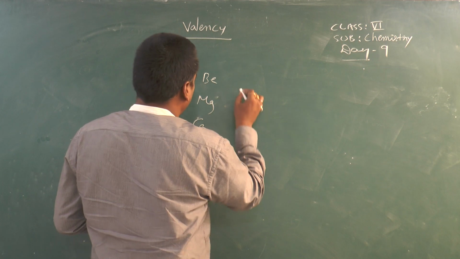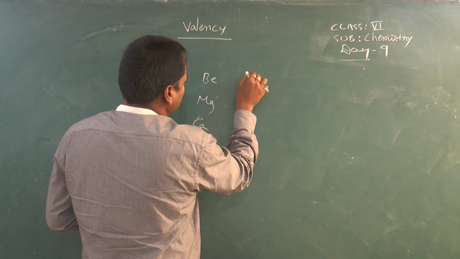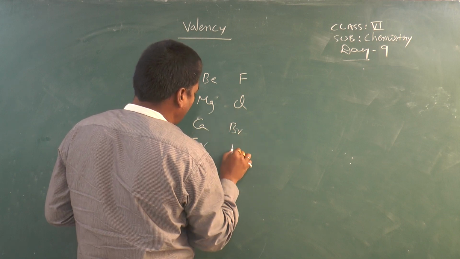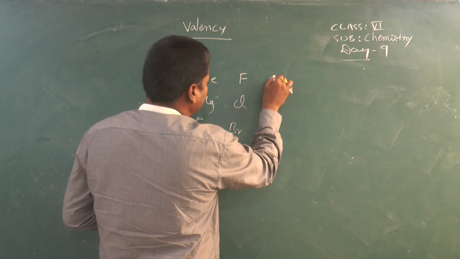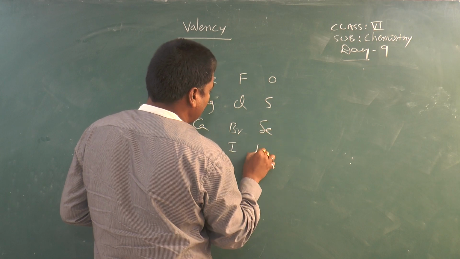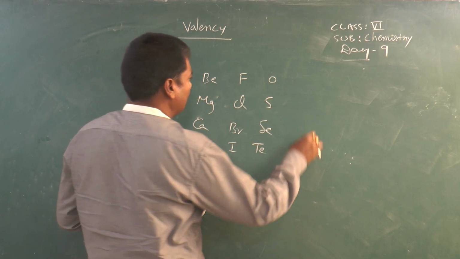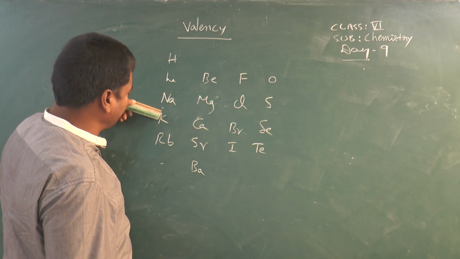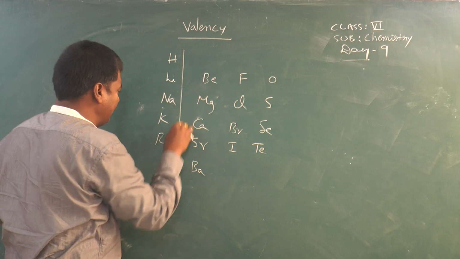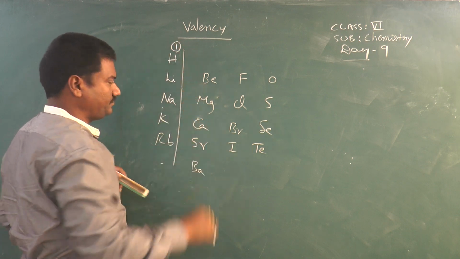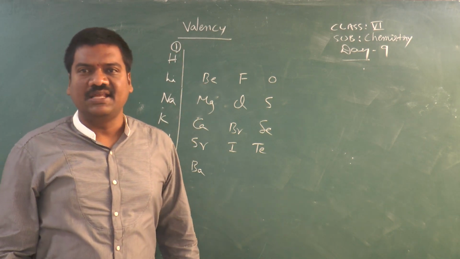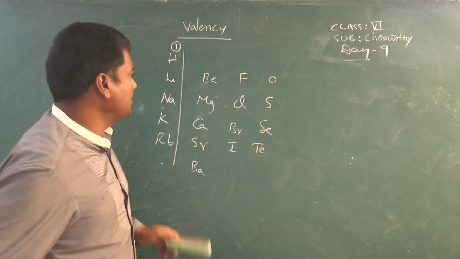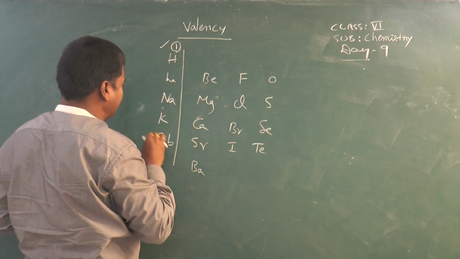Then fluorine, chlorine, bromine, iodine, or oxygen, sulfur, selenium, tellurium. For hydrogen, lithium, sodium, potassium, rubidium, all these elements have 1 valency electron. Here valency will be equal to the number of valency electrons in the outermost shell, so the valency of all these elements I can take as 1.